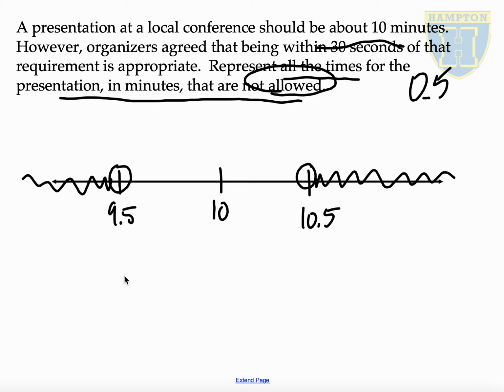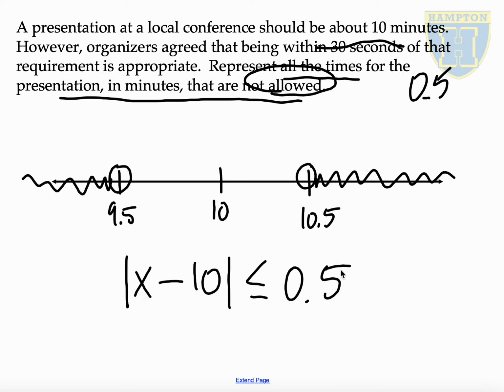Well, if we were to write this similar to how we wrote the last example, we would say, again, absolute value for distance. The distance between our time and the agreed upon time needed to stay within half a minute. But we're not looking for that. In this situation, we're looking for more of an 'or' look. We're looking for outside 10.5 and outside 9.5.